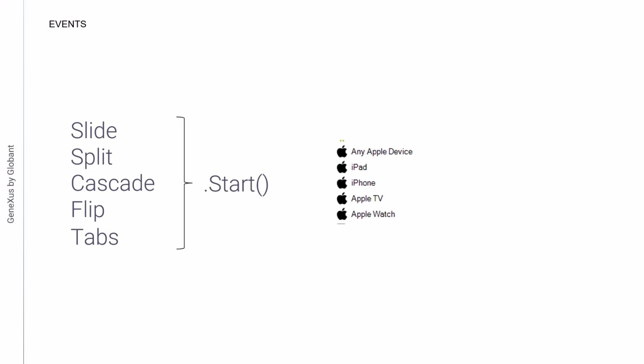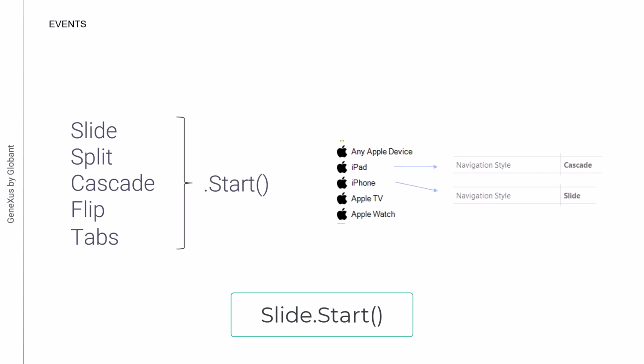This means that, for example, if we program slide.start and the application is running for an iPad that has the Cascade navigation style, that event, for that platform, will not be executed. It'll be executed only when the navigation style is slide.